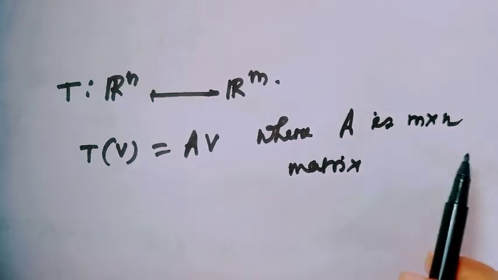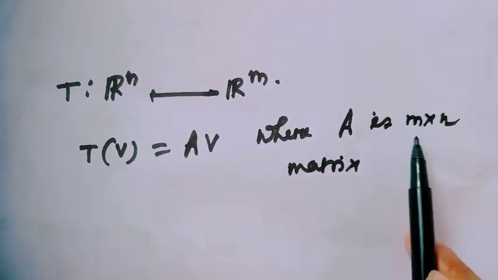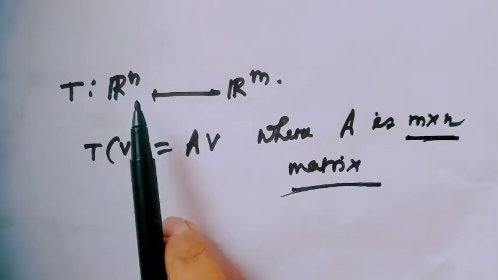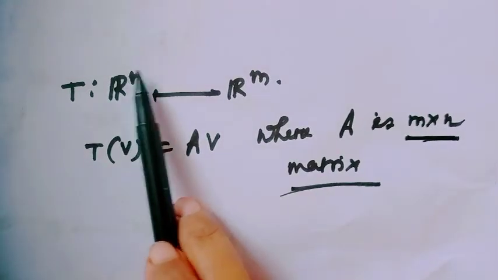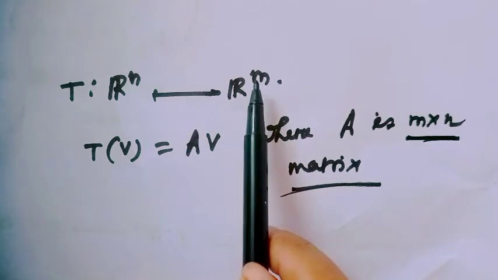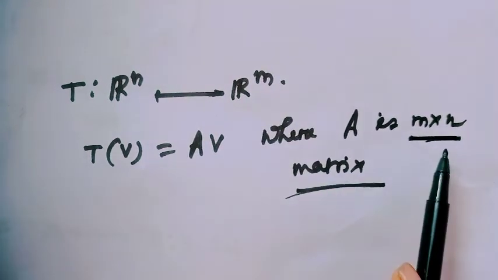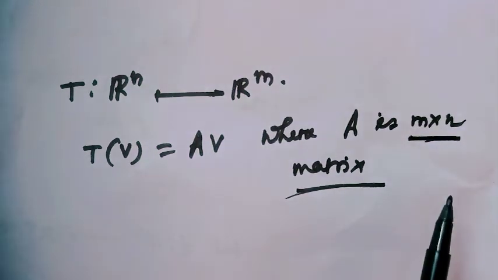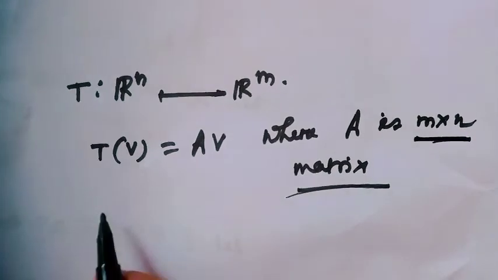Av, where A is a specific m cross n matrix. That means if we take here R2 and here R3, then A would be a 3 cross 2 matrix. Are you getting it? Now let's check, is it a linear mapping?